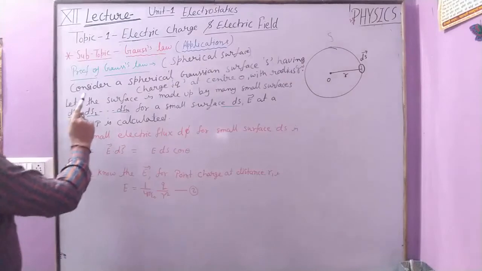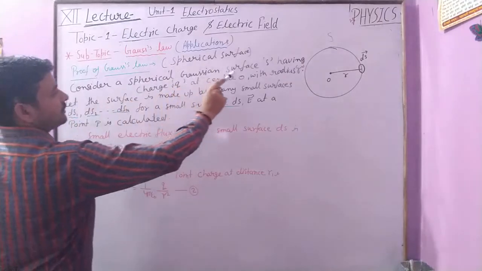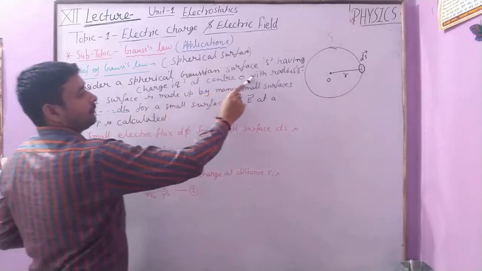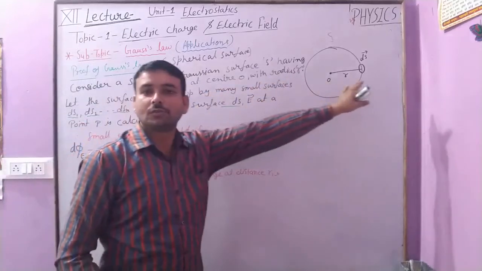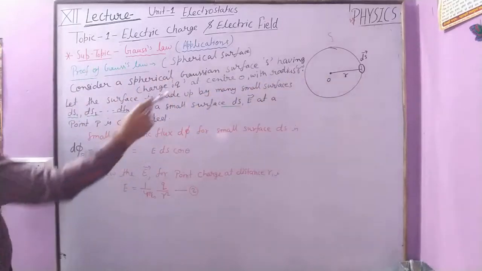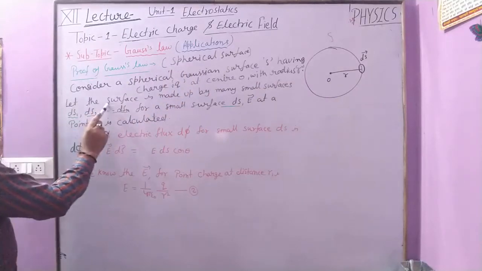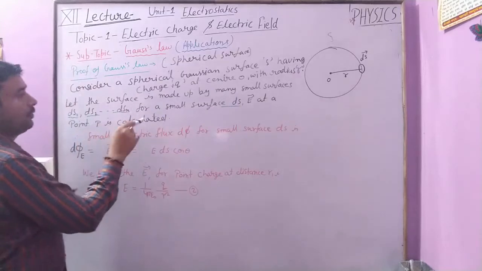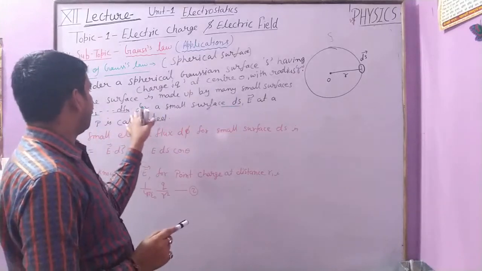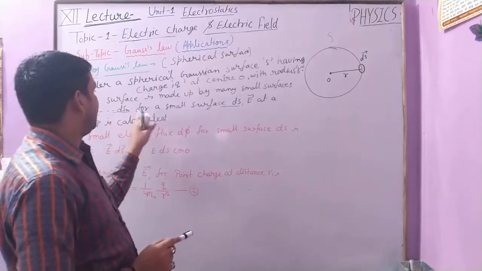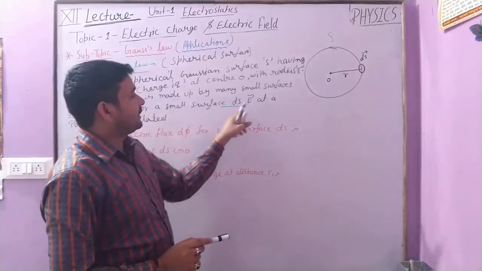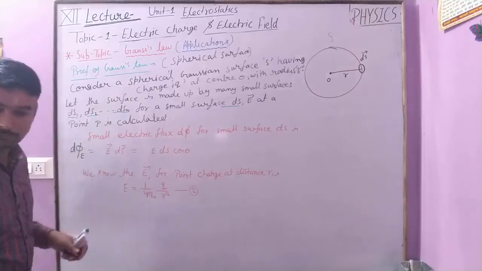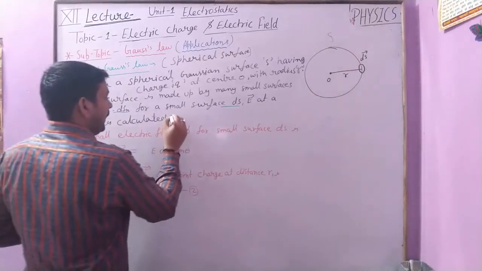You can consider a spherical Gaussian surface as having charge plus q at center with radius r, as shown in figure. Now, the spherical surface is considered as made up of small surfaces ds1, ds2 and so on up to dsn.